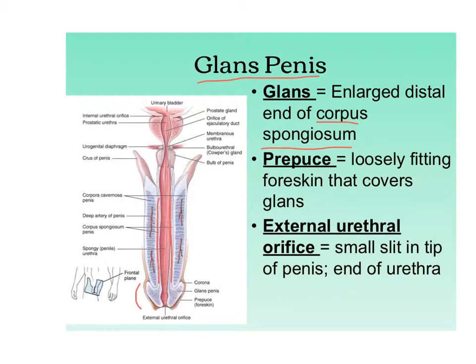Then you have the cavernosa, which is located more superficial on the outside. And like I said before, you have the prepuce, which is the foreskin, which covers the glans penis on uncircumcised males. And of course, the external urethral orifice is the opening at the end, which urine and semen will flow out.